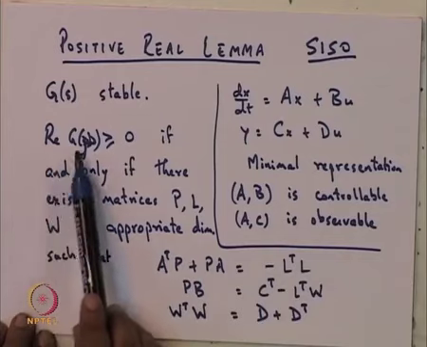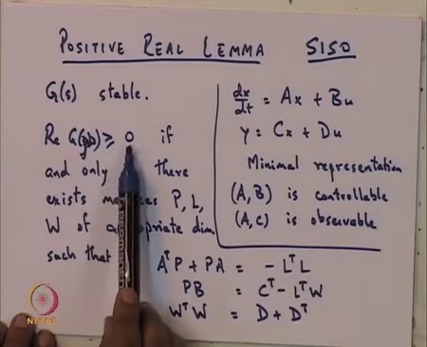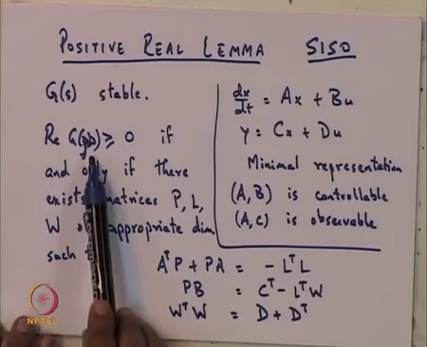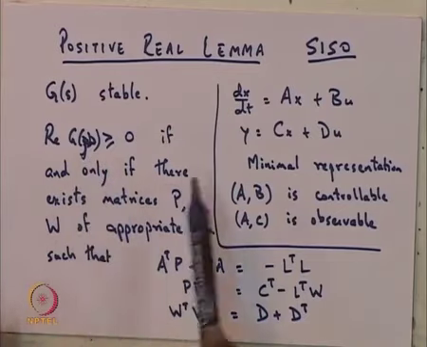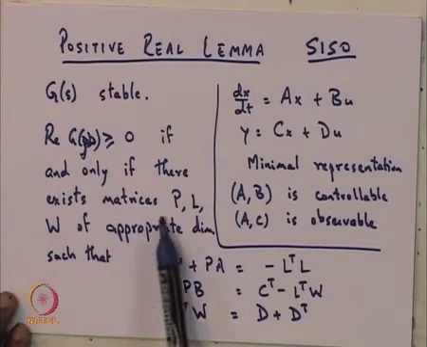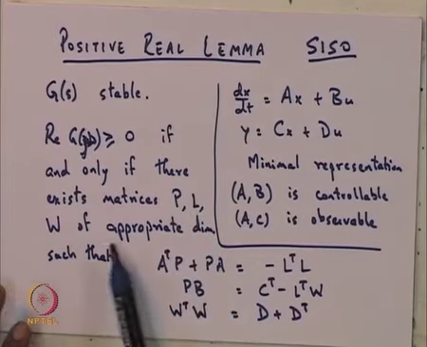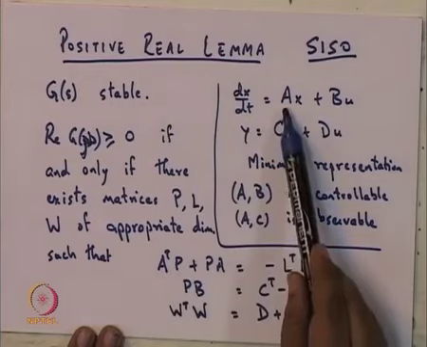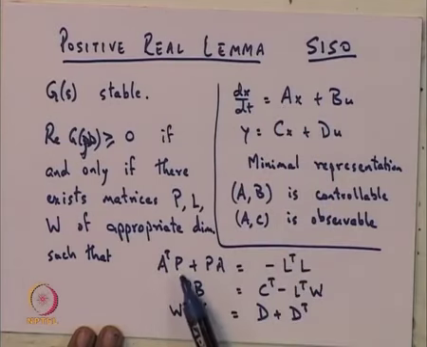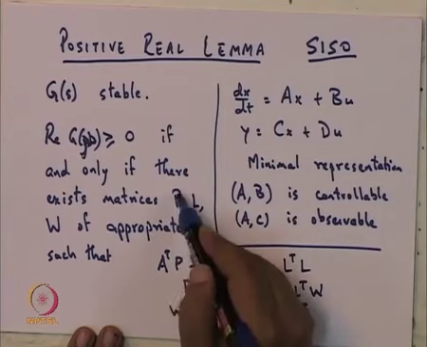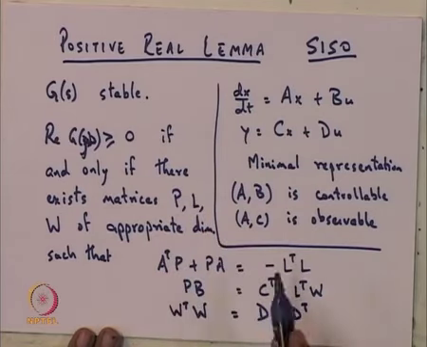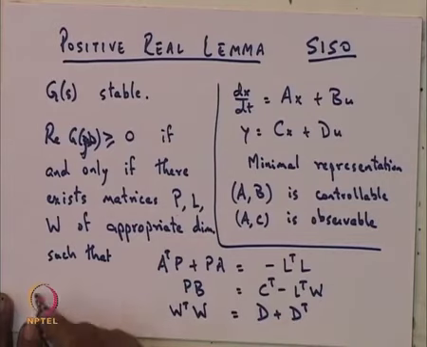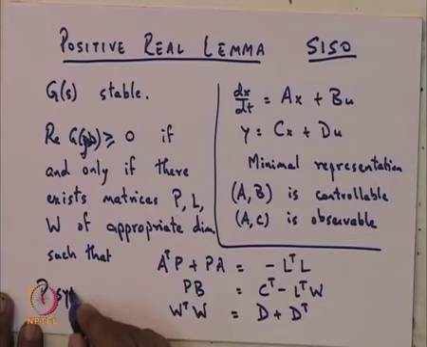Then the real part of G(j omega) is greater than or equal to 0, or in other words, the Nyquist plot lies in the first and the fourth quadrant, if and only if there exist matrices P, L and W of appropriate dimensions such that A transpose P plus P A, where A is the system matrix. Of course, incidentally, this matrix P is going to be a symmetric matrix. Okay. So, P is going to be a symmetric matrix.